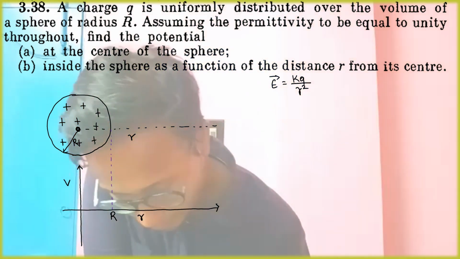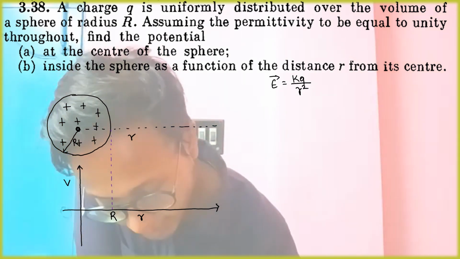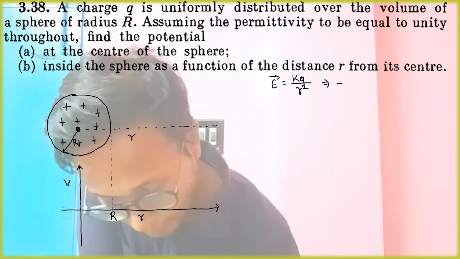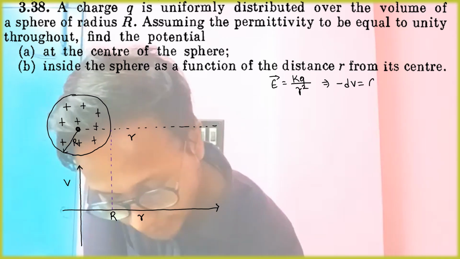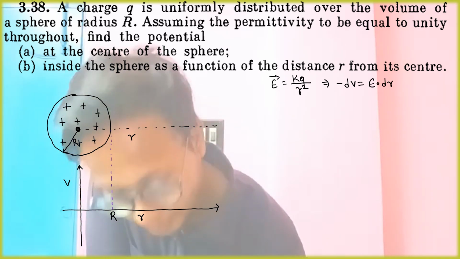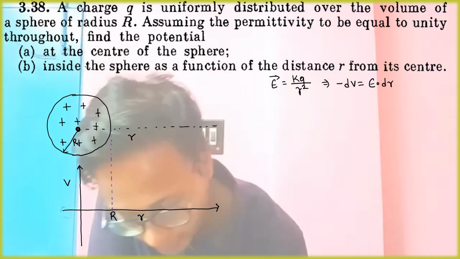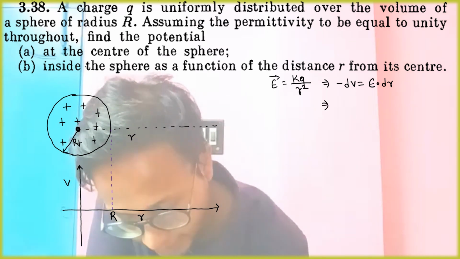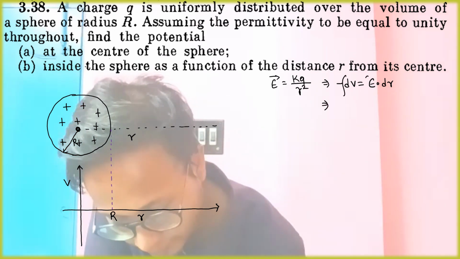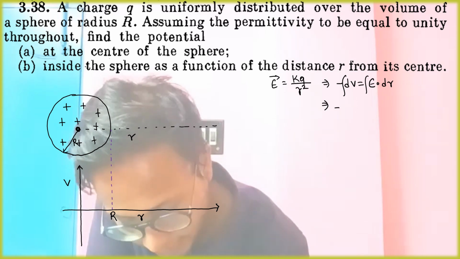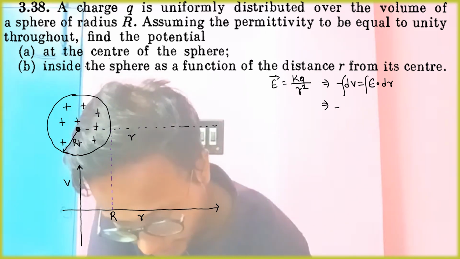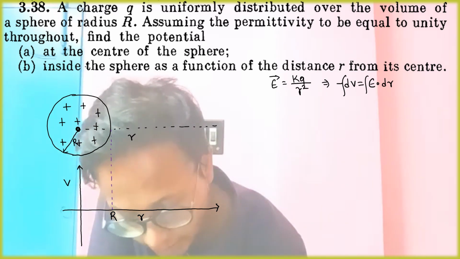Now see, potential is nothing but minus dV is equal to E dot dr. Okay, or if I integrate both sides, minus V, or see, I can either do indefinite integral or definite integral.